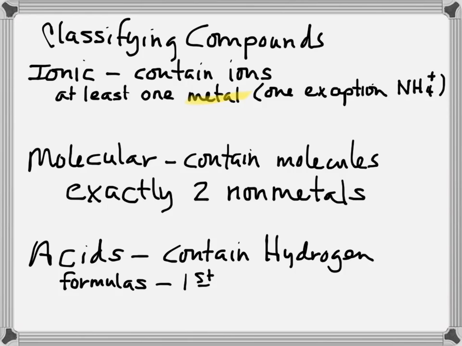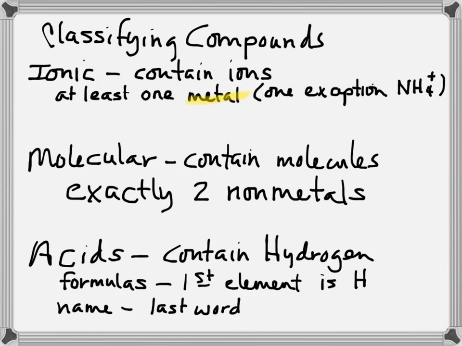First element is H. From the name, the last word is acid. So if you have the name of a compound and it's hydrochloric acid, it's an acid. That's not so hard. If you have a formula and the first element is H, it's an acid.